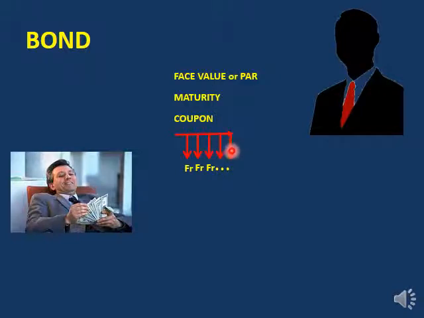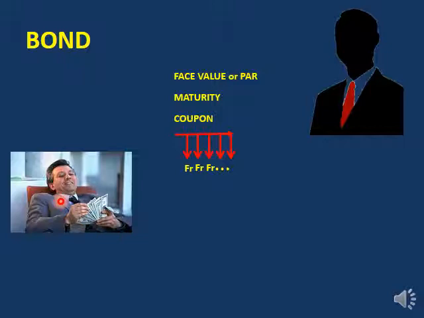By that time, I can only extinguish my obligation to the investor upon payment of the redemption amount. The redemption amount is sometimes equivalent to the face value of the bond, but sometimes this value may also differ depending on the agreement between the investor and the original owner of the bond.